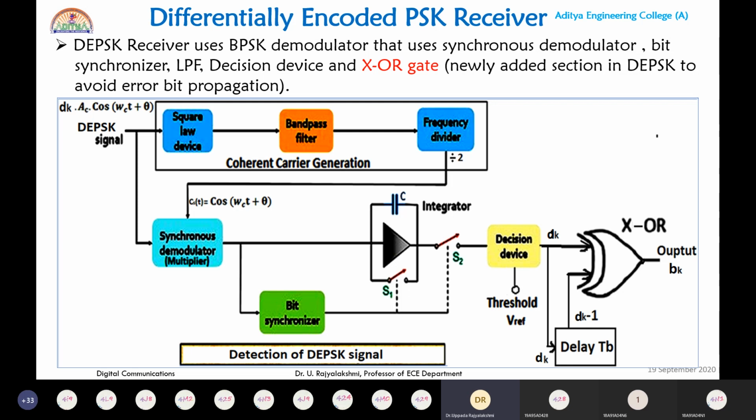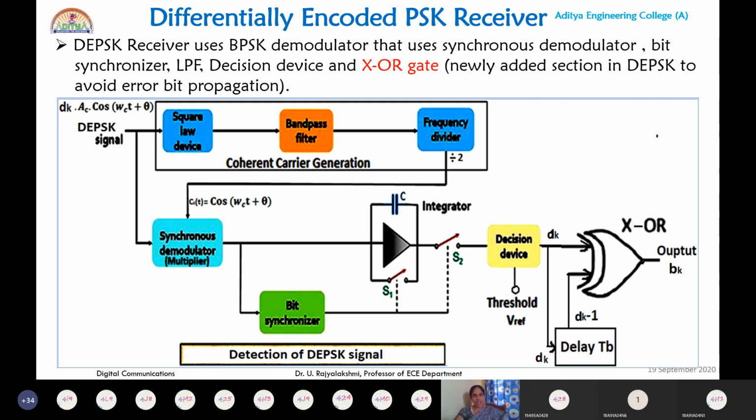Please observe the DEPSK receiver. Please observe the circuit. Now, any one of you, please tell me, is there any difference between the DEPSK receiver and the BPSK receiver? We said that it is almost all similar to the BPSK receiver. BPSK is a coherent receiver. I think you can remember the circuit of the BPSK receiver, as many times I mentioned it.